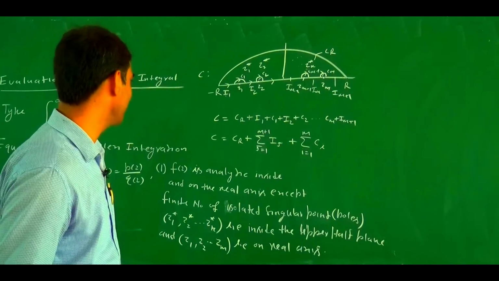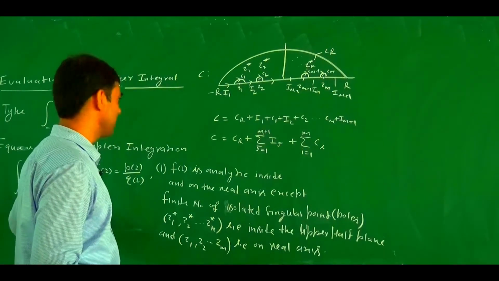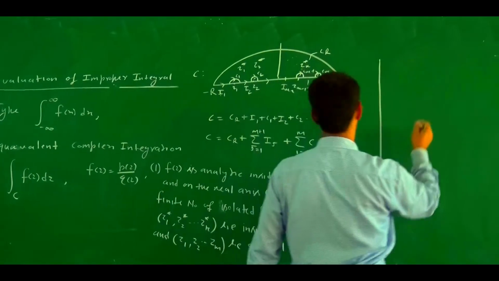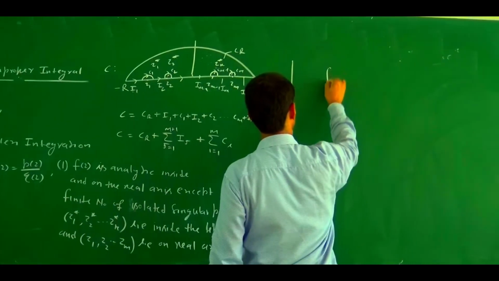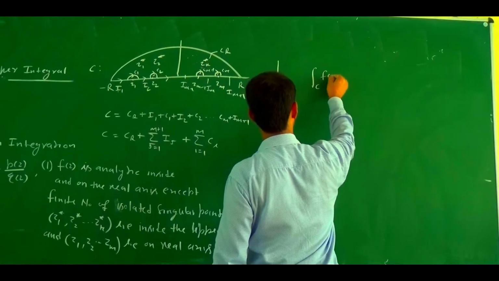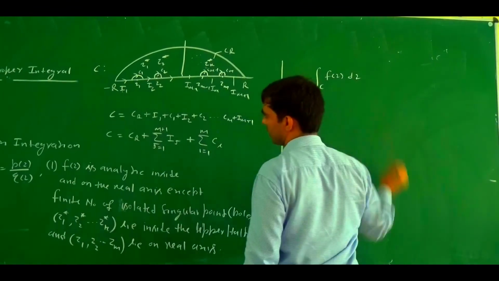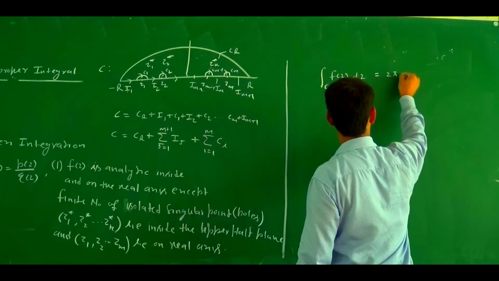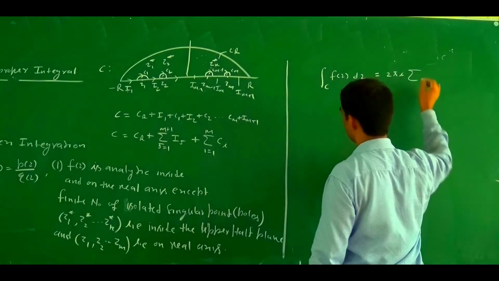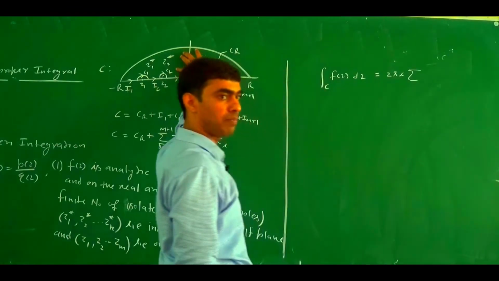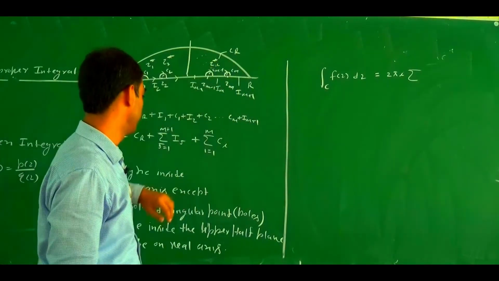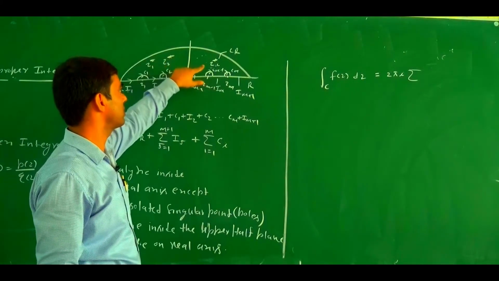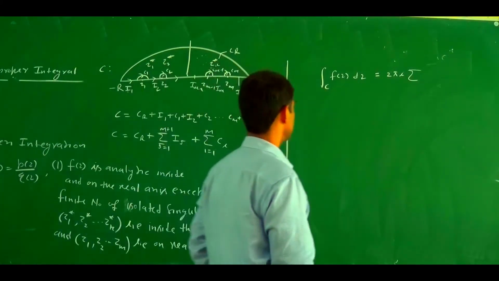Now the integration becomes, we know that the integral over C of f(z) dz equals 2 pi i times the sum of the residues which lie inside the upper half plane, the points z1 star, z2 star up to zk star.